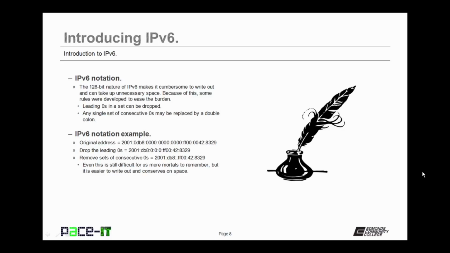Remember, there are 128 bits to this address, and the only way IPv6 will know how many zeros fill out that double colon is if you only use it once. These notation conventions make IPv6 easier to write out, but it's still difficult for us mere mortals to remember. But it does make it easier to write out.